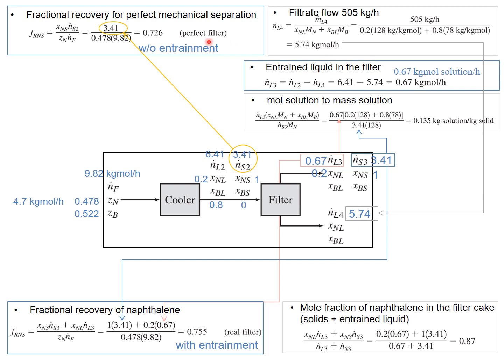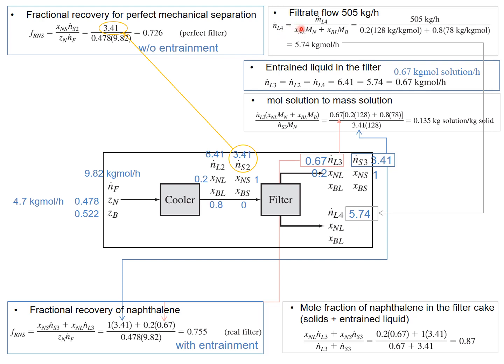So the numerator is 3.41, and the feed stream is total 9.82 kilogram mole per hour times the naphthalene mole fraction 0.478. Then 72.6% of the feed naphthalene is recovered after the filtration. So that is the value for the fractional recovery of naphthalene in solid.